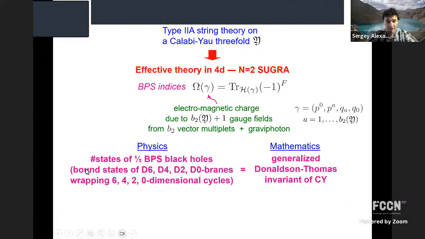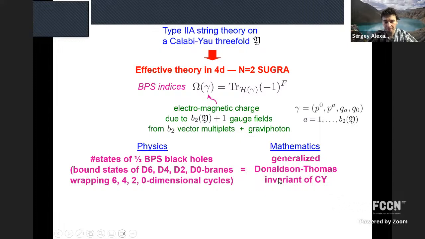And at the microscopic level, the same black holes can be interpreted as bound states of D6, D4, D2, D0 branes, wrapping respectively 6, 4, 2, and 0-dimensional cycles on the Calabi-Yau threefold. What's nice is that these charge components precisely correspond to these D-brane charges. So p0 is D6 brane charge, for example, qa is D2 brane charge, and so on.